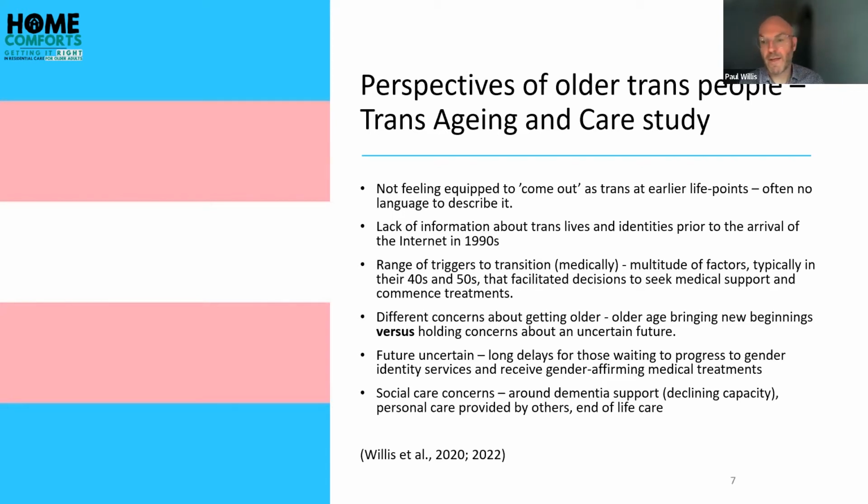So they were worried that as they lost independence and had increasing dependency on others, other people would make decisions for them that weren't in line with their gender identity, with their own personal preferences and priorities, that didn't match their own needs. So for example, care home staff addressing people inappropriately, in ways that didn't match their own identity or their own preferences about their wardrobe and presentation, or aspects of their personal care being neglected by others.